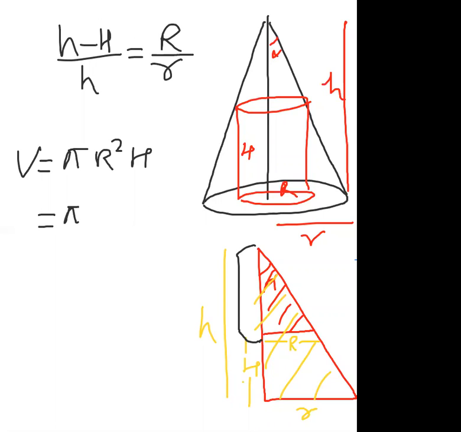So it becomes pi times r(h minus H) upon h, whole square, into H. Now, capital H is the variable, small h is constant because the cone is given to us, and small r is also constant.